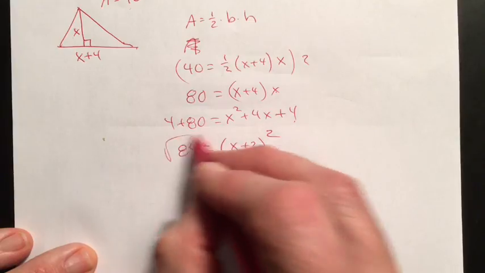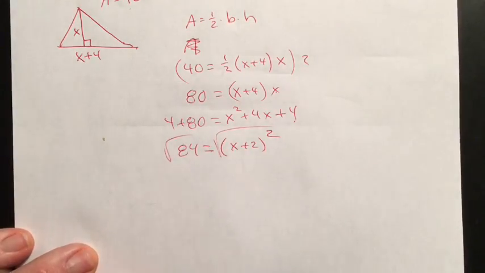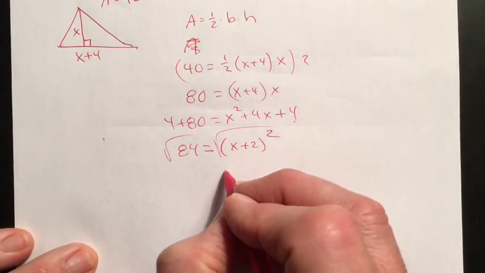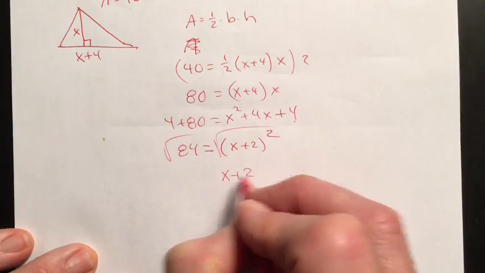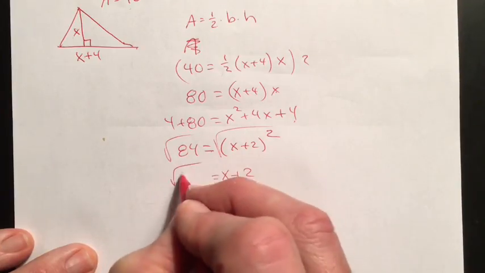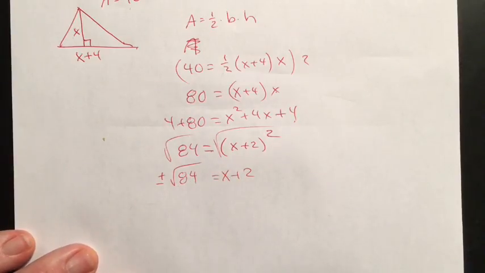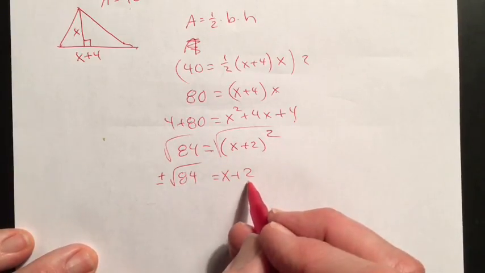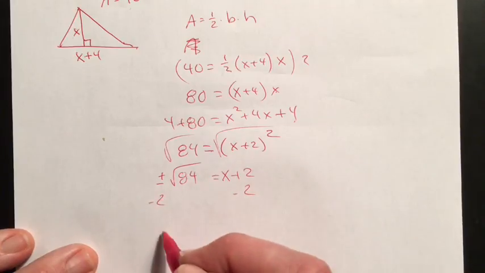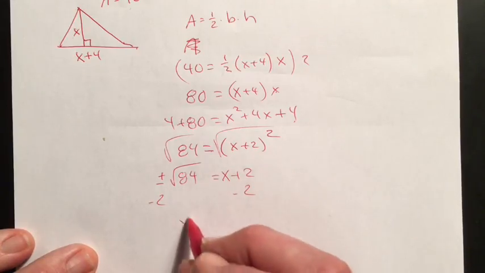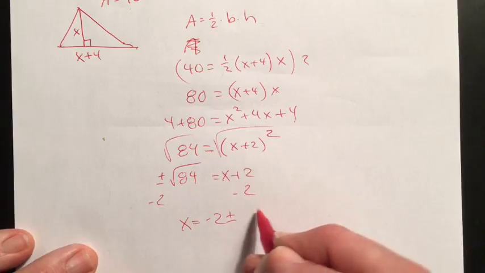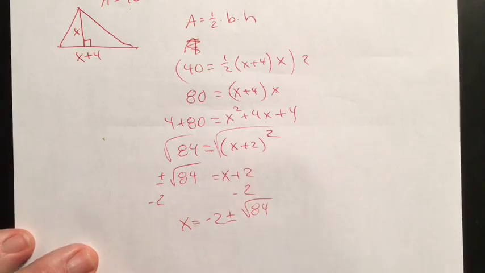Take the square root of both sides, and we'll have x plus 2 equals square root of 84, plus and minus. Subtract the 2 from both sides. I'll just rearrange it here. x equals negative 2 plus or minus square root of 84.